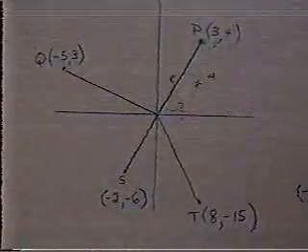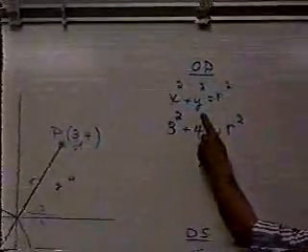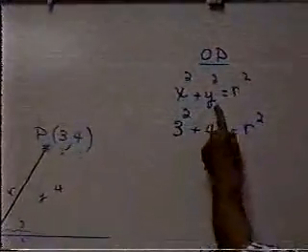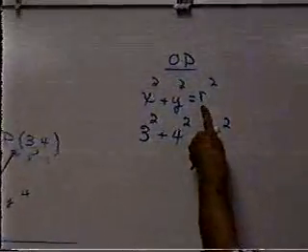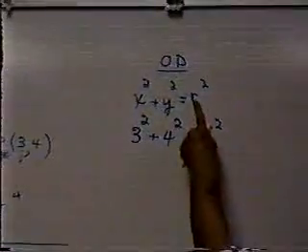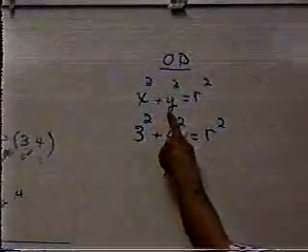Now, we have a relationship with that r, just like we've had in other math classes, called the Pythagorean theorem. It says that r, that radius vector, that hypotenuse of a right triangle, r squared is equal to x squared plus y squared.